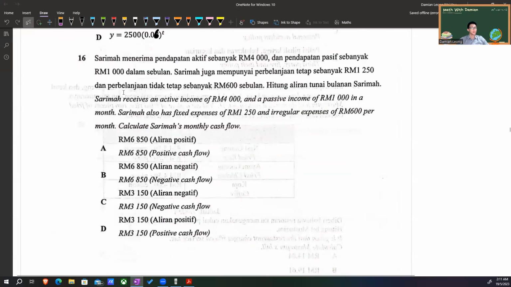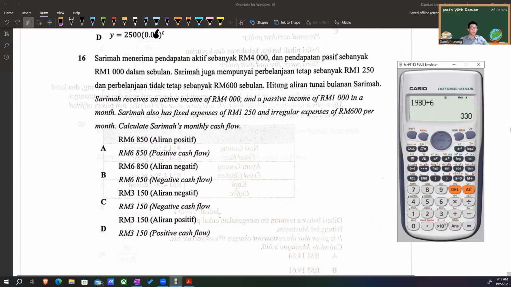Then question 16. Sarima received active income 4,000 ringgit, passive income 1,000, then fixed expense 1,250 and irregular expense 600. They want her monthly cash flow. Monthly cash flow is very simple.